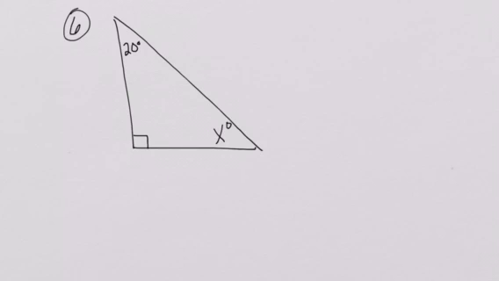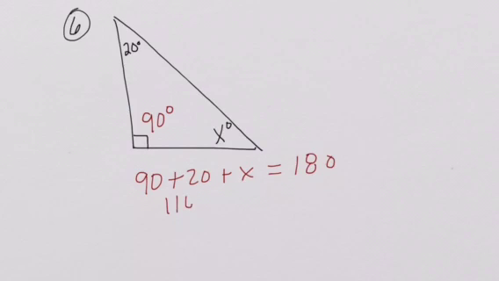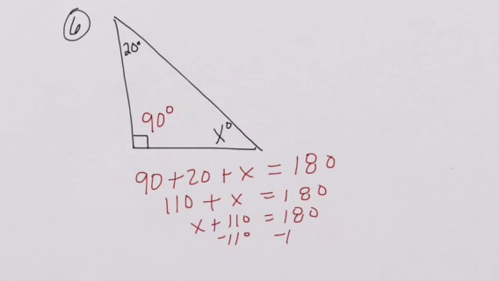In this case, I have a right triangle, so I know that this angle is 90 degrees. So I'm going to do 90 plus 20 plus x is equal to 180. 110 plus x is equal to 180. X plus 110 is equal to 180. Subtract the 110. So x is going to equal 70.